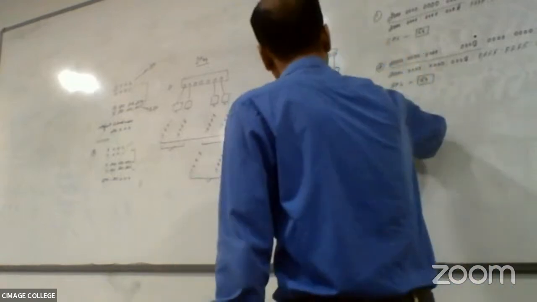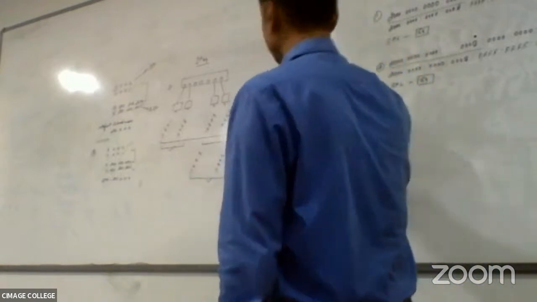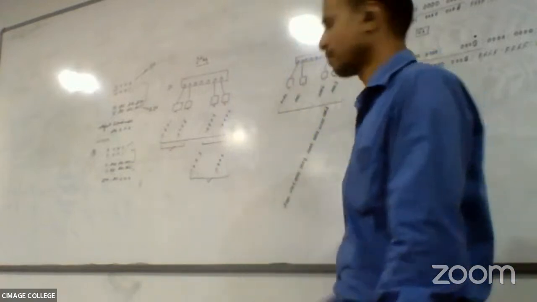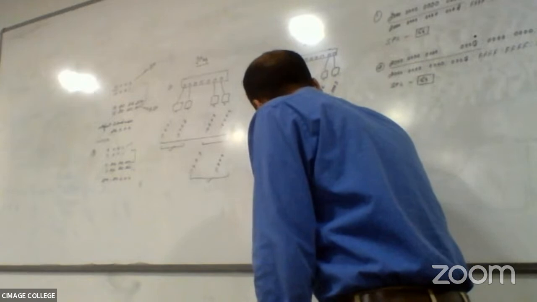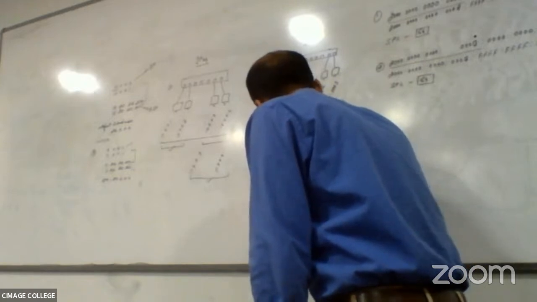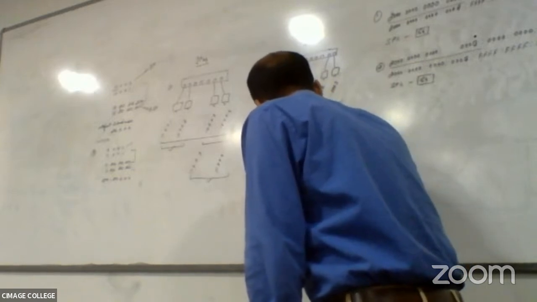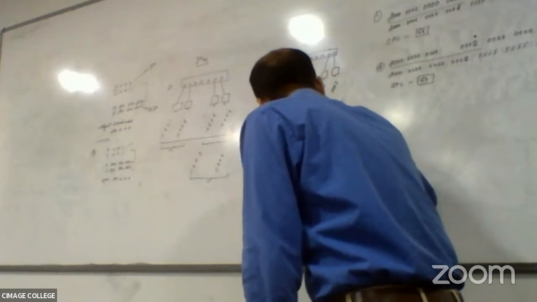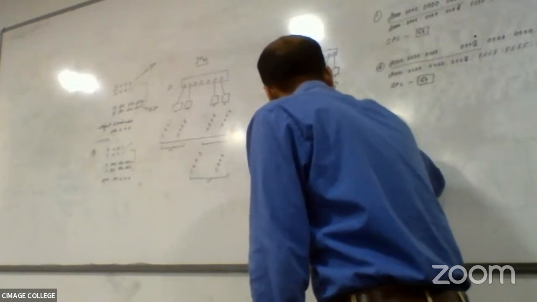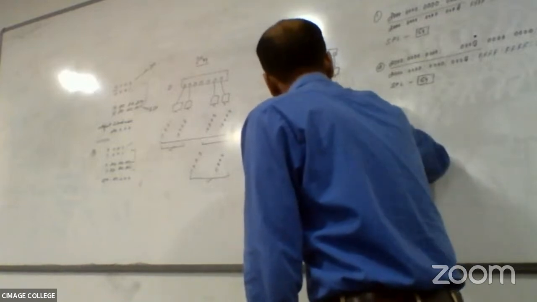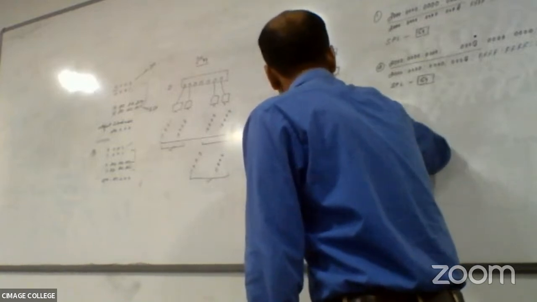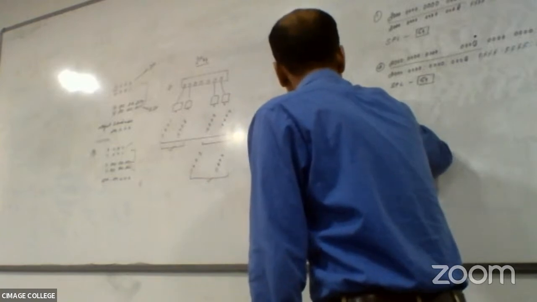Correct? Now for this node: 2000 colon 1234 colon 1234 colon 123B colon 1234 colon 1234 colon 1234 colon 1233.